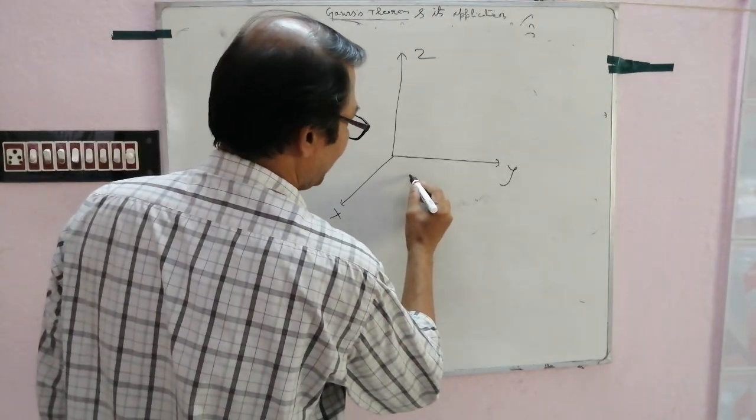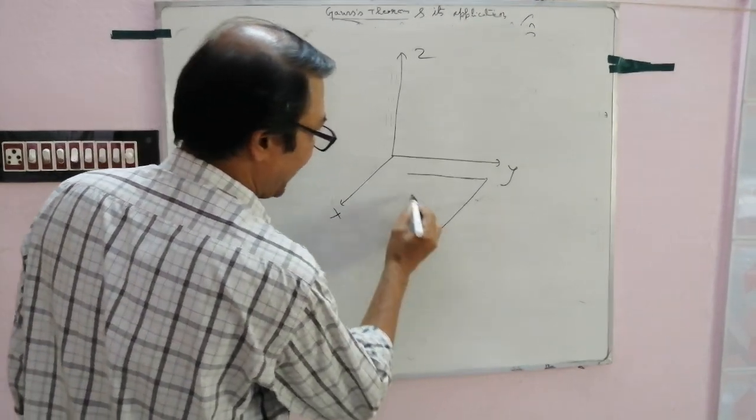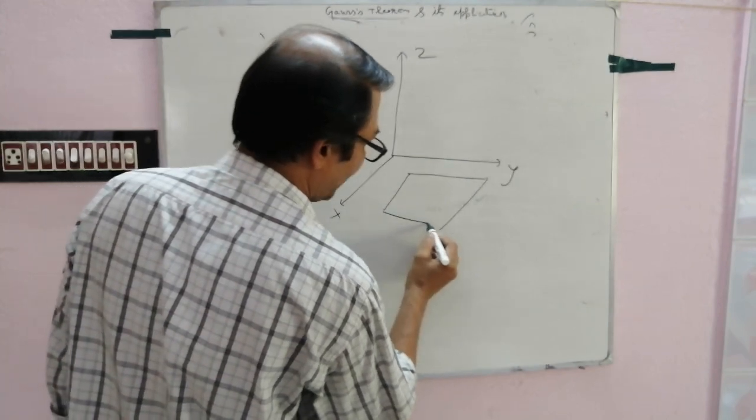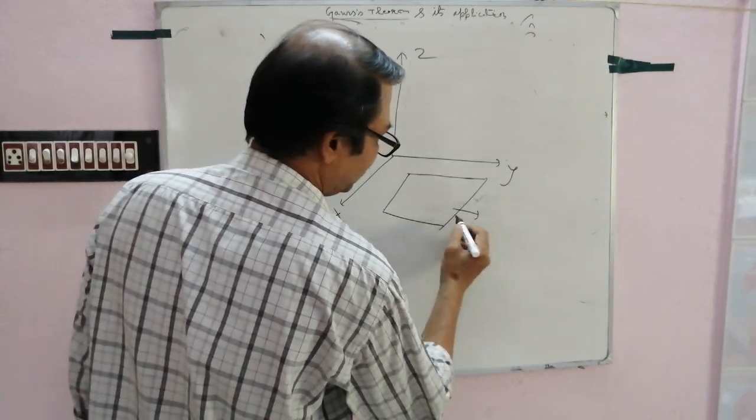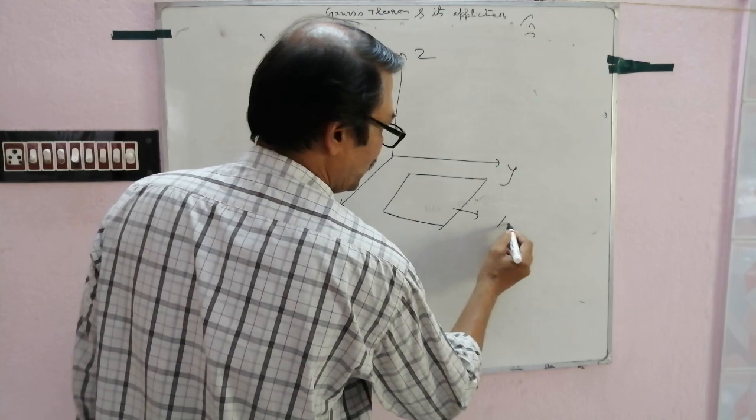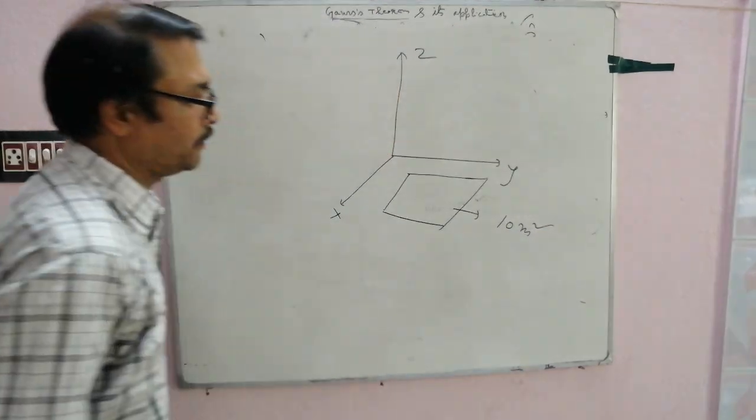The area is here, and the area is parallel to the xy plane. Suppose the area is 10 meter square.